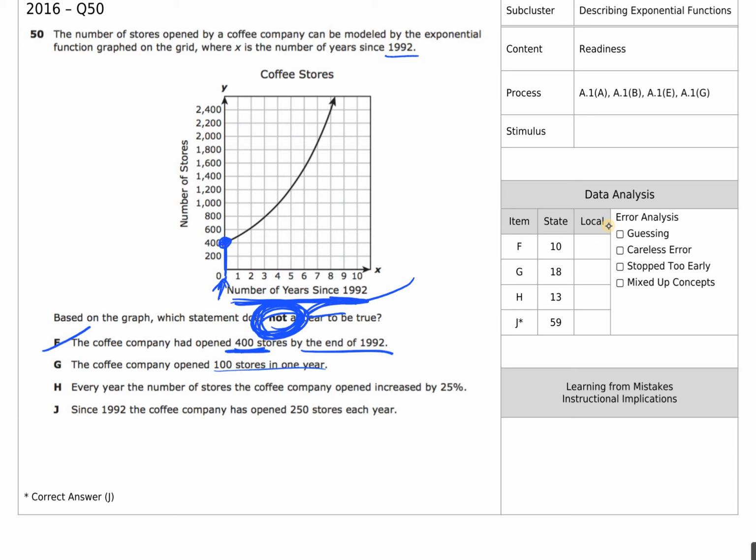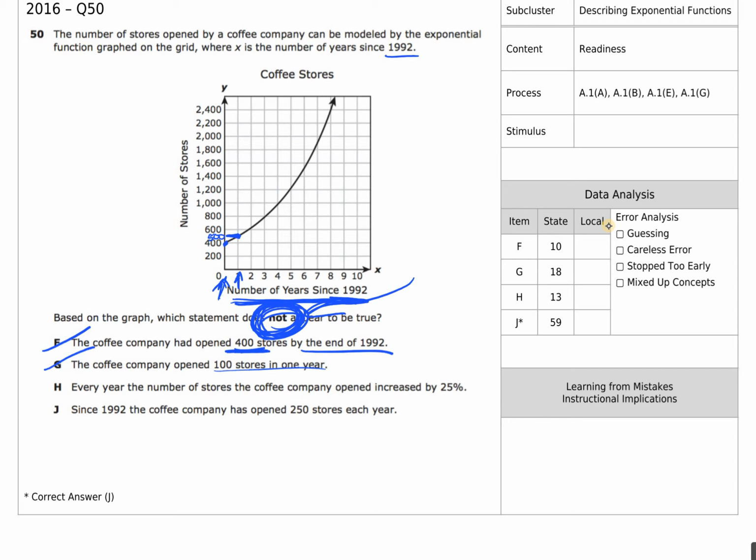Well, if we were at 400 right here at this starting point, 1 year later, at 1, it looks like we are halfway between 400 and 600, which would be 500. That is 100 stores. 1 year from 400 to 500. So that is a true statement. It happened. And moving on from that point, we see it's increasing. So they would have opened even more than 100 stores in a year.